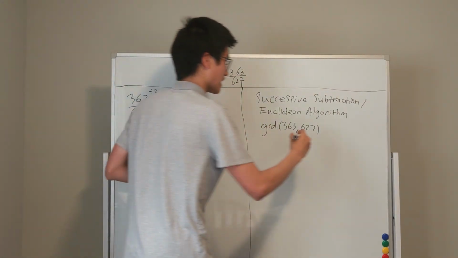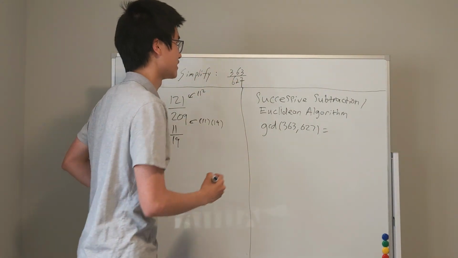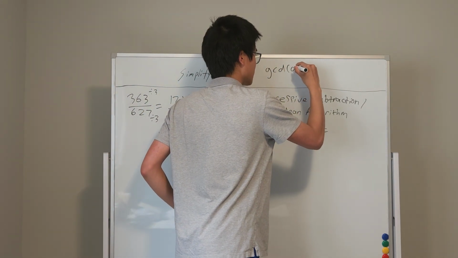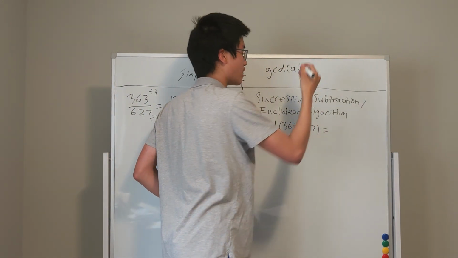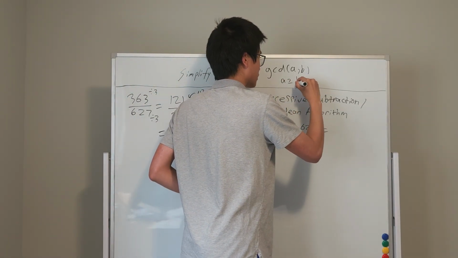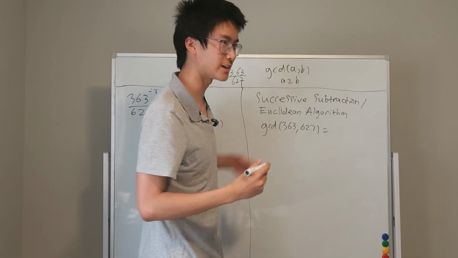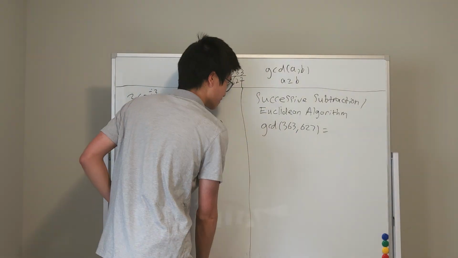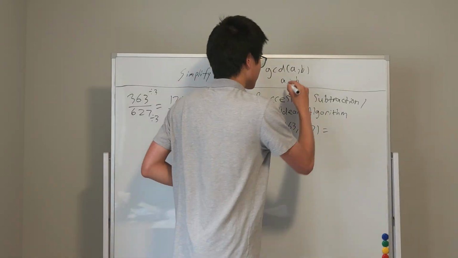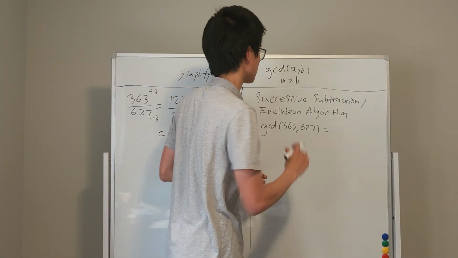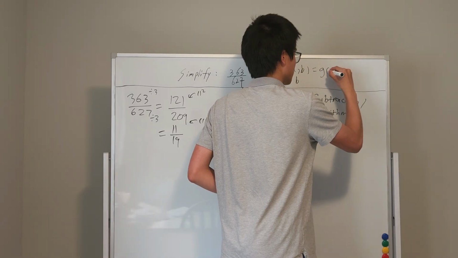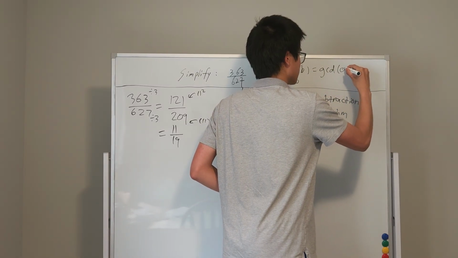And what the Euclidean algorithm states is that if we want to find the value of GCD(A, B), where A and B are positive integers, and we also have A greater than or equal to B. Well, if A equals B, then the greatest common divisor would just be B. So we have A greater than B, and this actually equals GCD(A minus B, B).